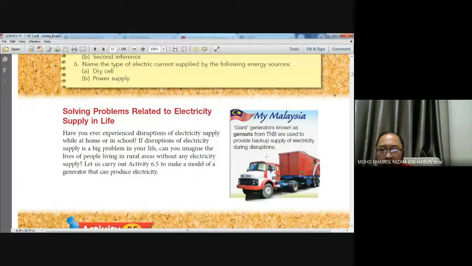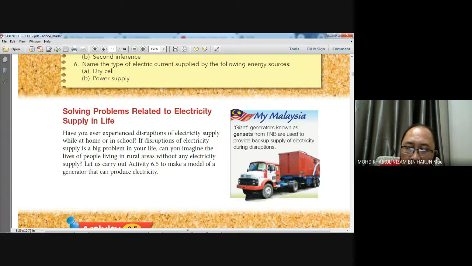This TNB manages all the power stations. So if something happens to the power station, they have manual generators to back up the supply of electricity during disruption of the power station.